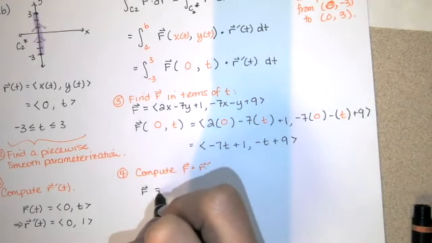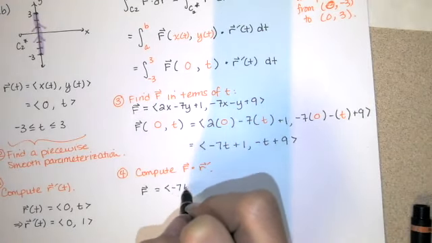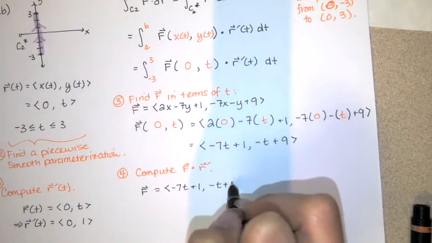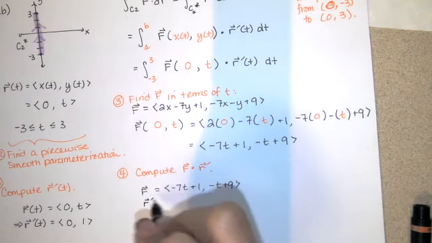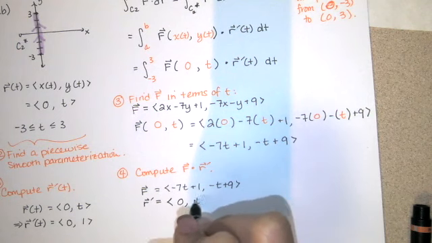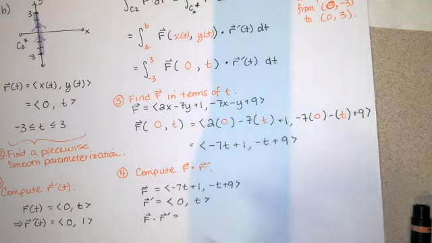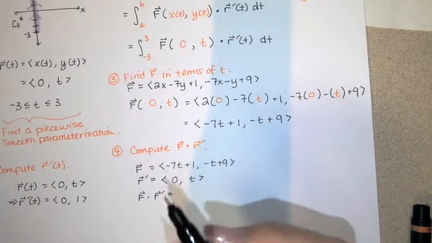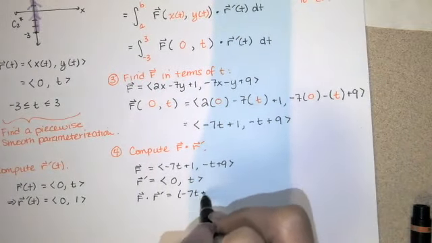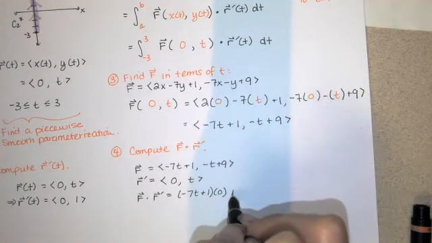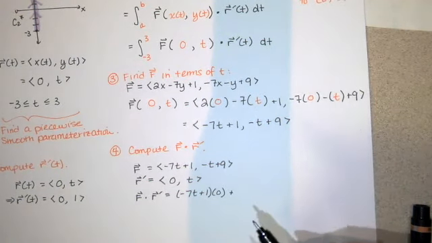So I've got f, which is this function, and I'm dotting that with this function. It's very easy to do. You just take the x component and multiply it by the x component. And then remember, with a dot product, you add. The result of a dot product is always a scalar.